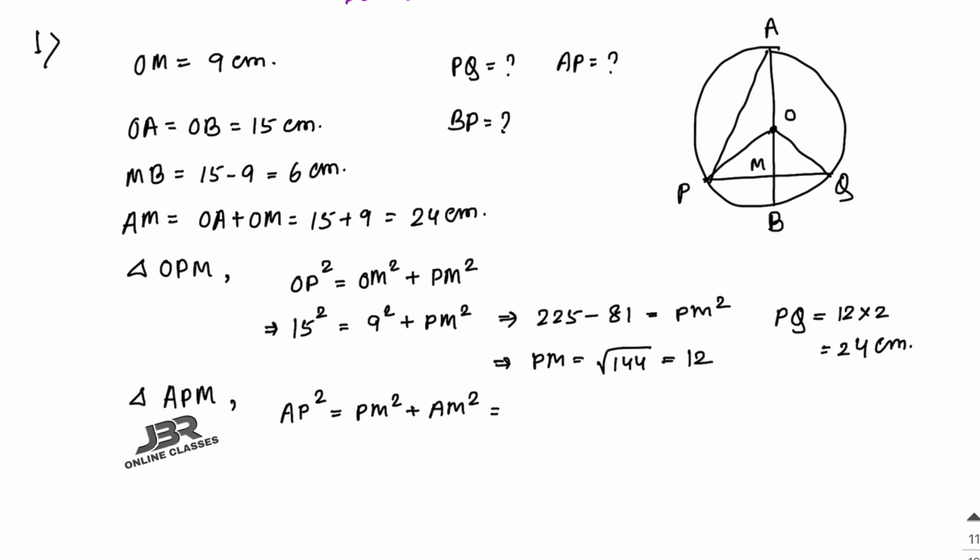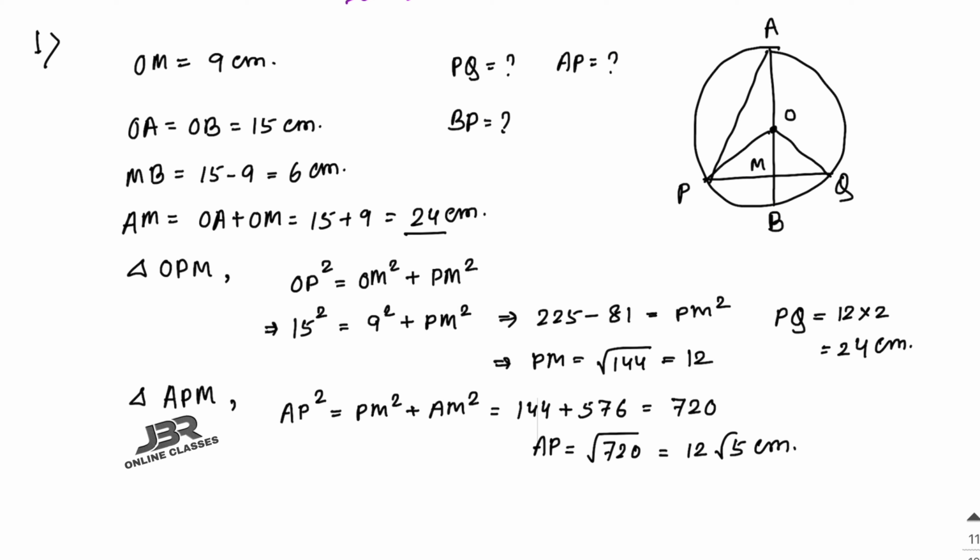PM square means 12 square, so 144, and AM is equal to 24, so 24 square, that means 576. The total is 720. So AP is equal to root over 720, that is 12 root 5 centimeter. So 12 root 5 centimeter is the second answer.